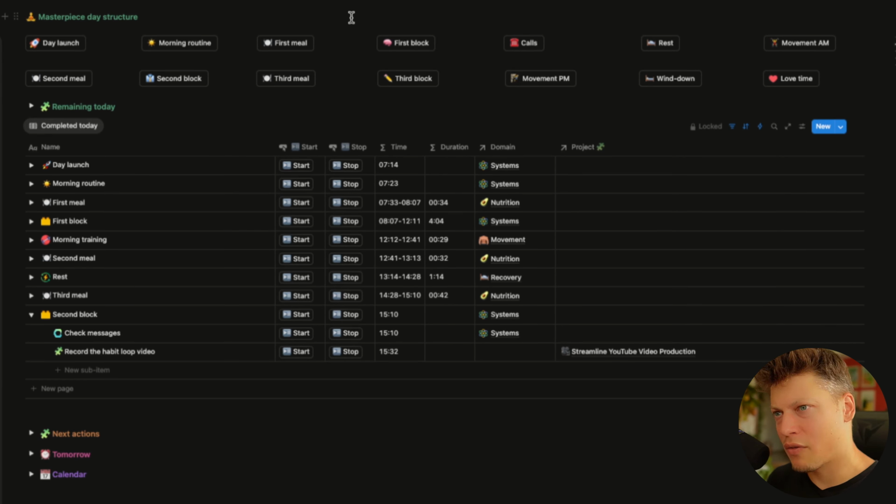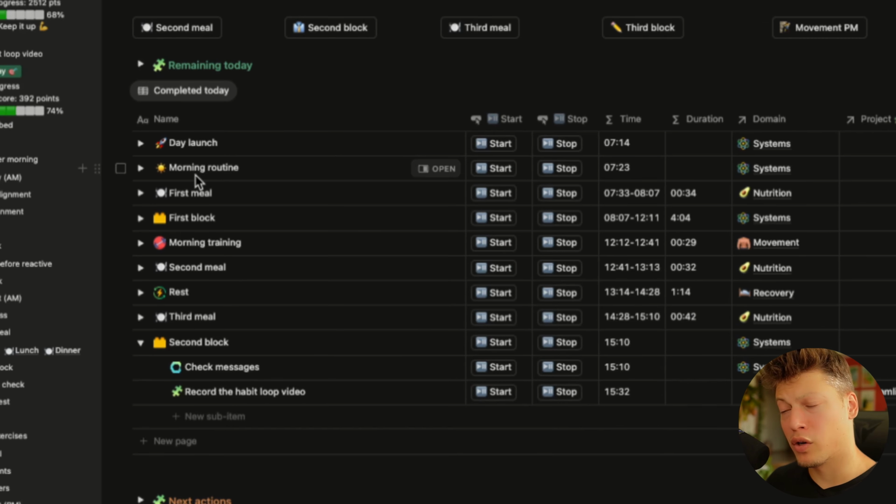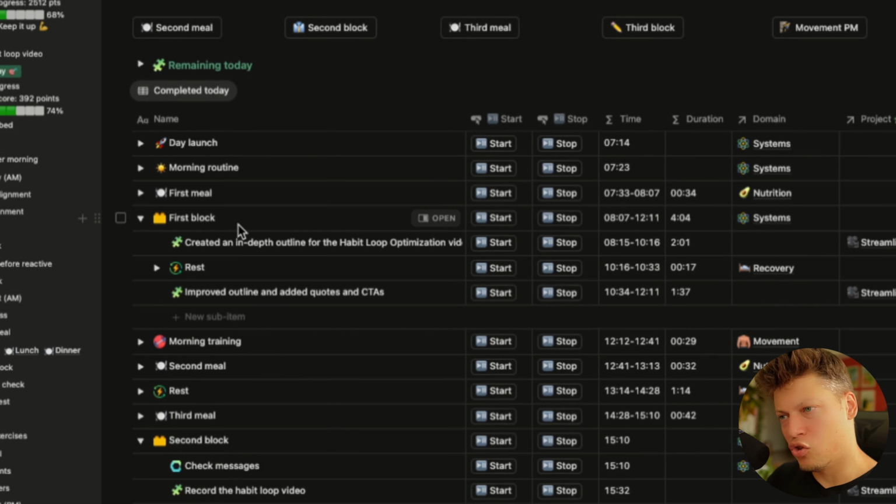But this is why you have container blocks that still give you a sense of an overarching structure that breaks down your day into specific blocks without dictating too much of the details of execution. So maybe my morning routine is very well defined in a step-by-step sort of way, but something like first block is just a container for a work session that I can put anything inside.